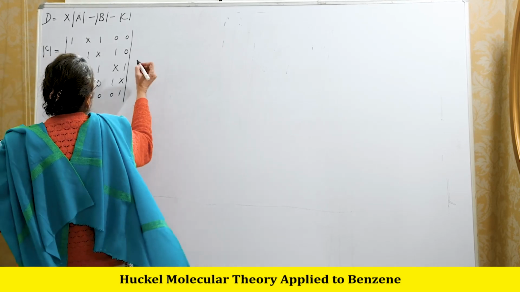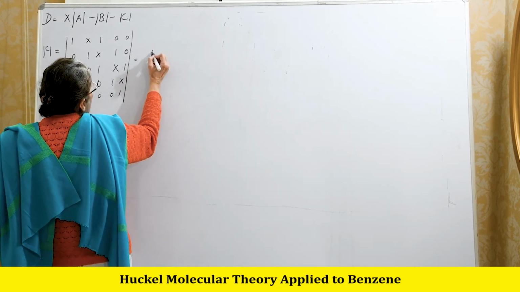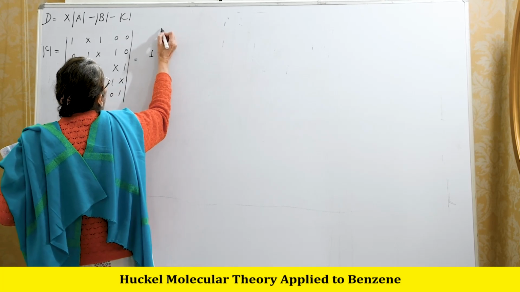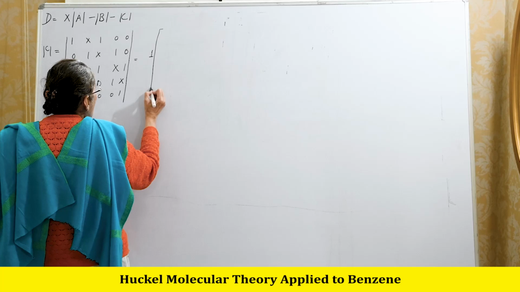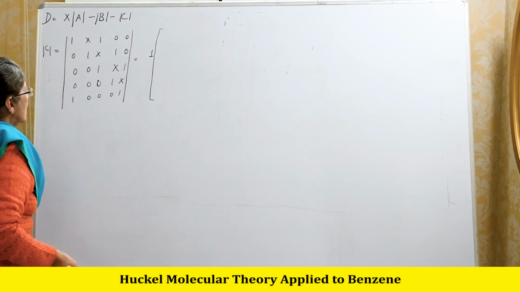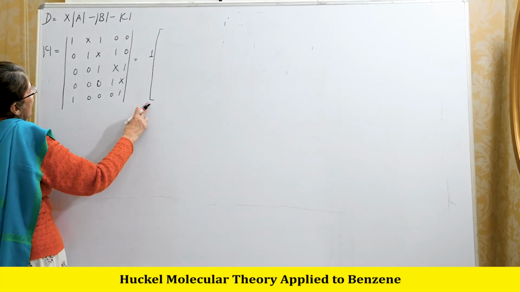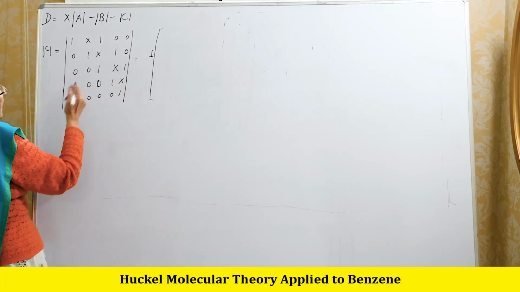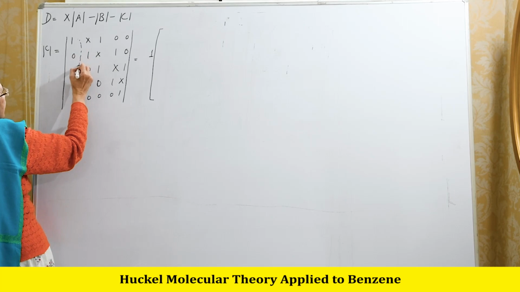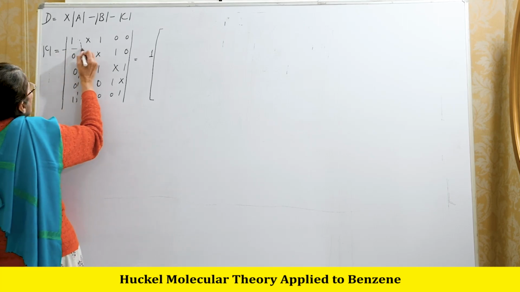So this we take 1. This is first we take 1. Don't confuse this with the matrix sign. This is a large bracket, and we take 1, and now ignore this line and ignore this column.